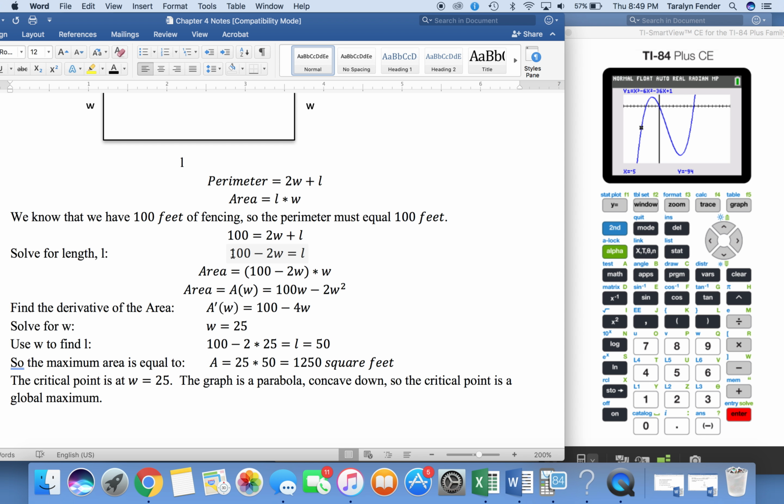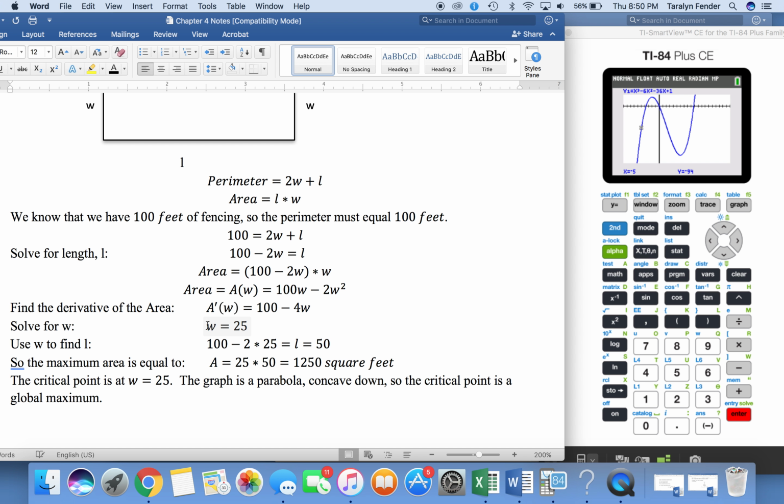So I'm going to move the 2w over by subtracting it, so the length is now 100 minus 2w. When I plug this into my area formula, I have one variable, 100 minus 2w times w, and when we multiply this out, we get 100w minus 2w squared.